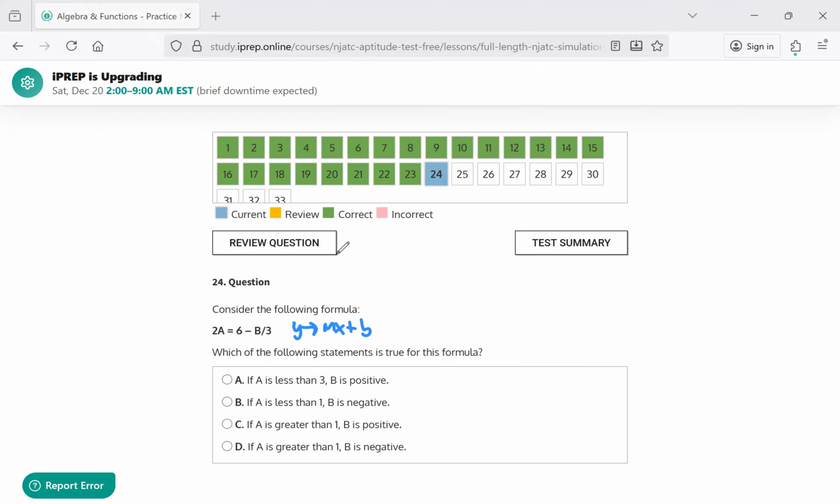Okay, so just label our variables. We know that our y is our a. We also know our b is our x. So let's find our y-intercept.